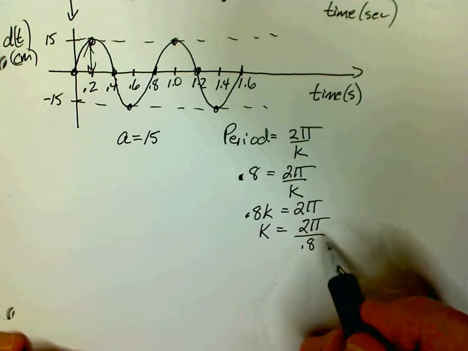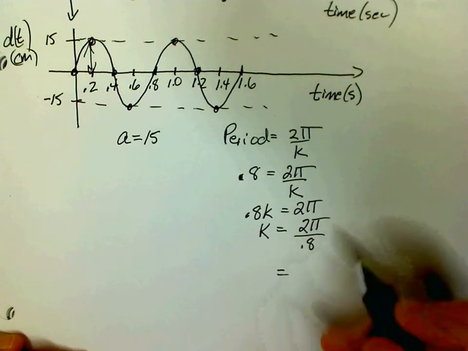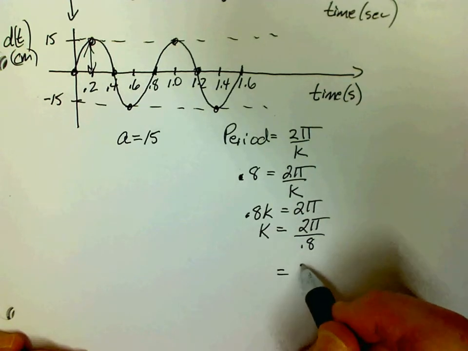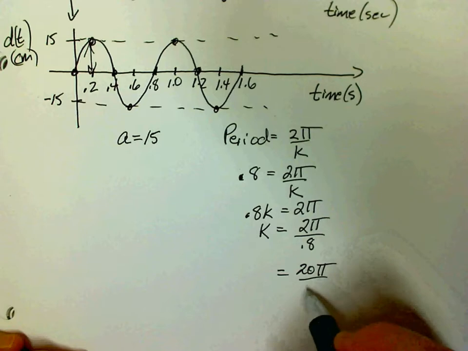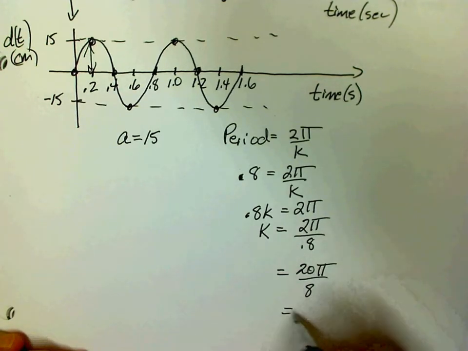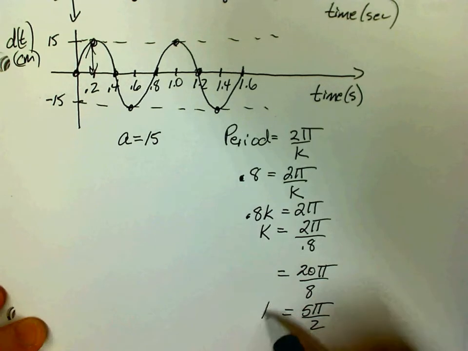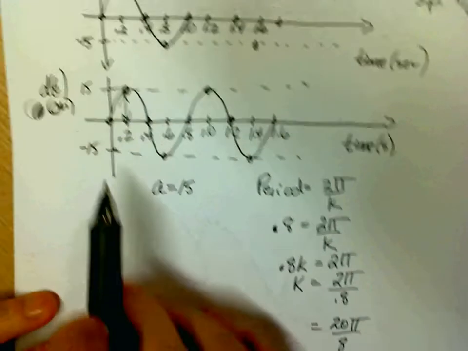So this is going to be 20 pi over 8. I multiplied by 10 over 10, and that reduces to 5 pi over 2. Okay? So our k is this. We do not have a phase shift. This is 0, just the way we set it up.